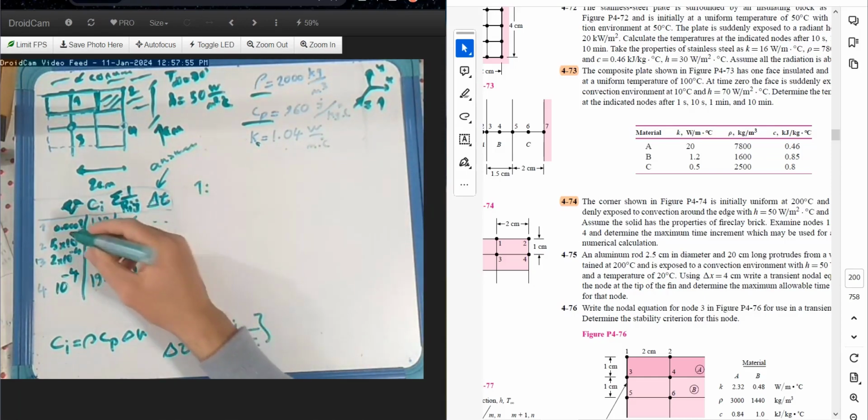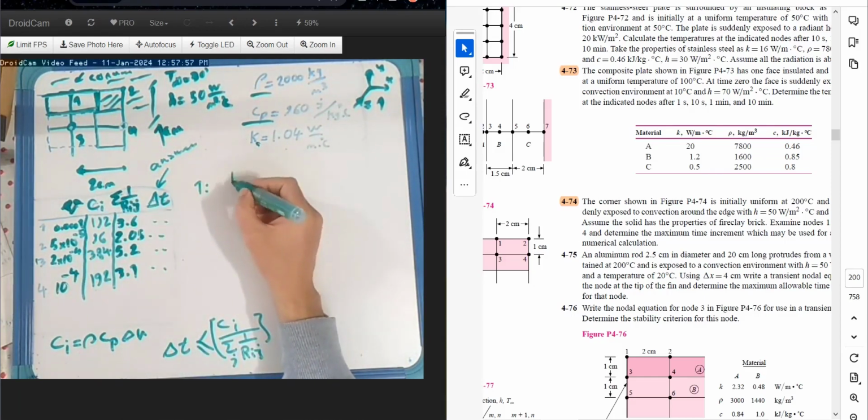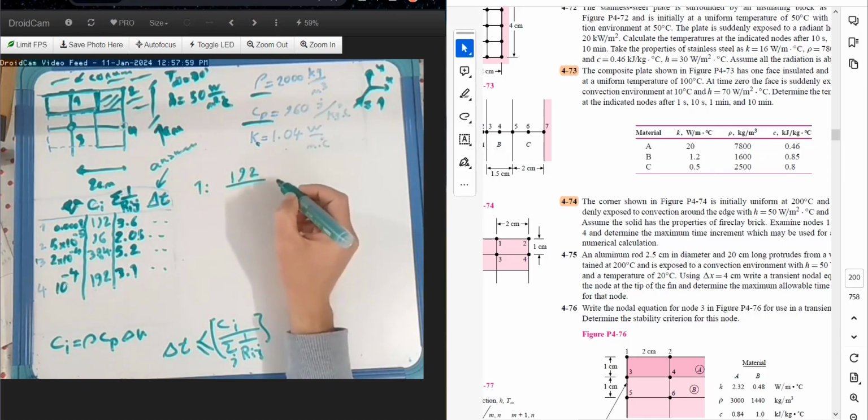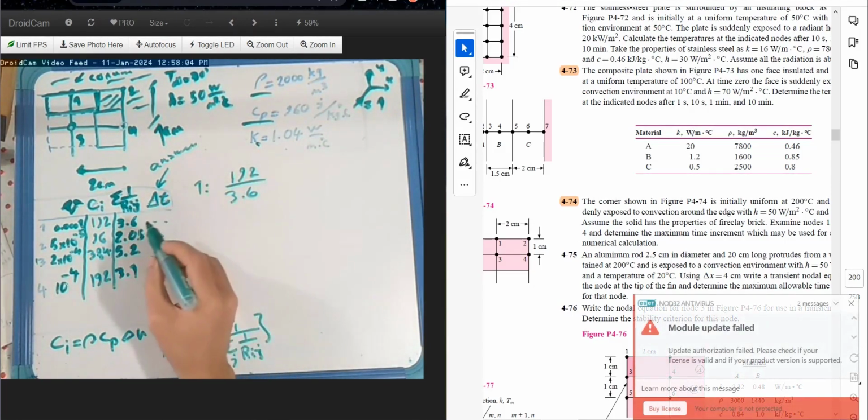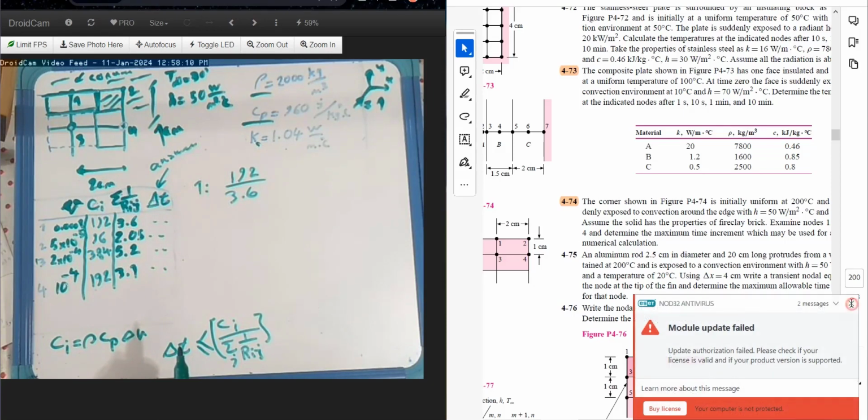Okay, for point 1, what is Ci for point 1? 192 divided by 3.6.